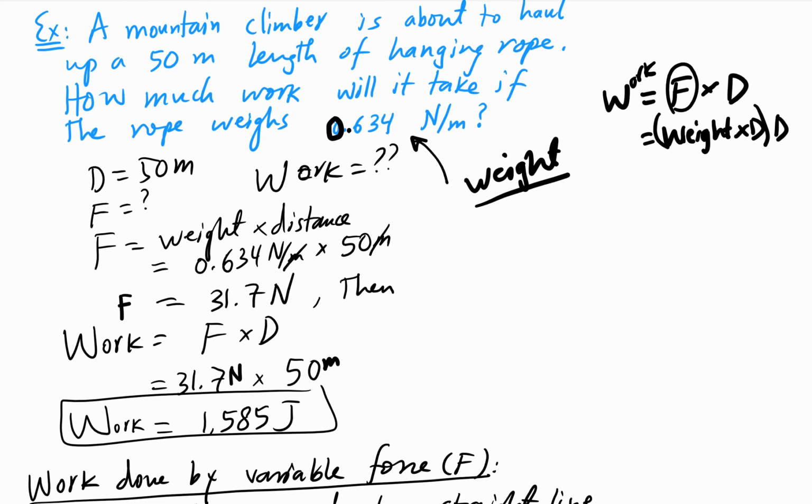So here, how about if we're asked to find the work done by a variable force? Every time you're pushing the object, you're not applying the same force over a certain distance, and that's where calculus kicks in.